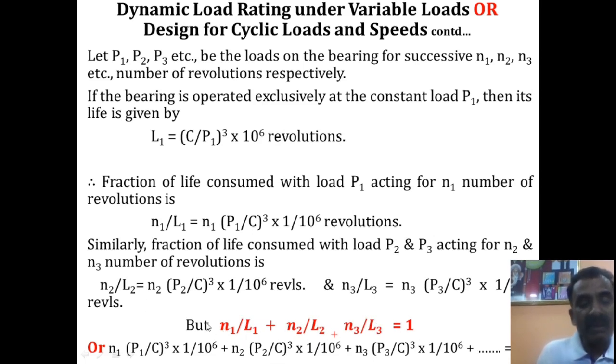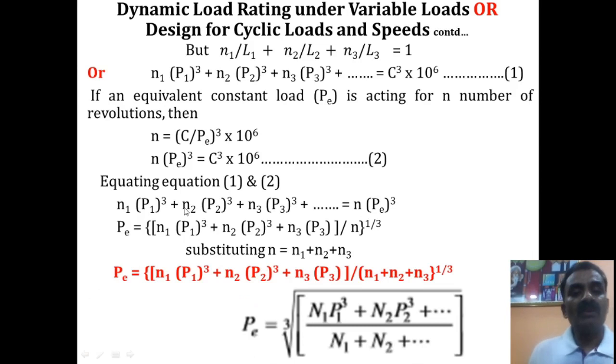Substituting the values of N1 upon L1, N2 upon L2 in this, we'll get this equation, and we'll simplify it. After simplification we get N1 P1 raised to cube plus N2 P2 raised to cube plus N3 P3 raised to cube, and so on if there are more cycles, equal to C cube into 10 to the power 6. This is the simplified equation we have got, and we'll call it equation number 1.